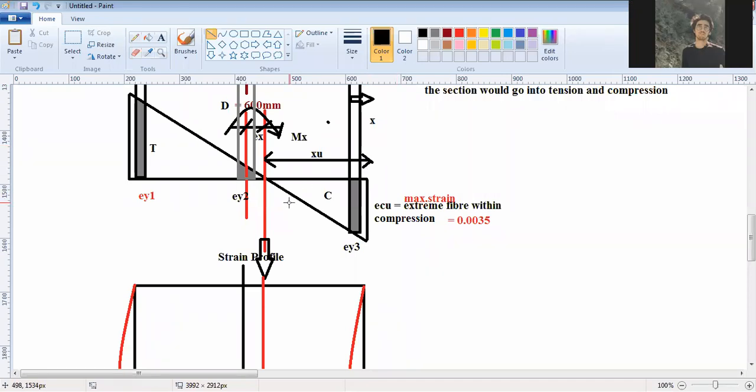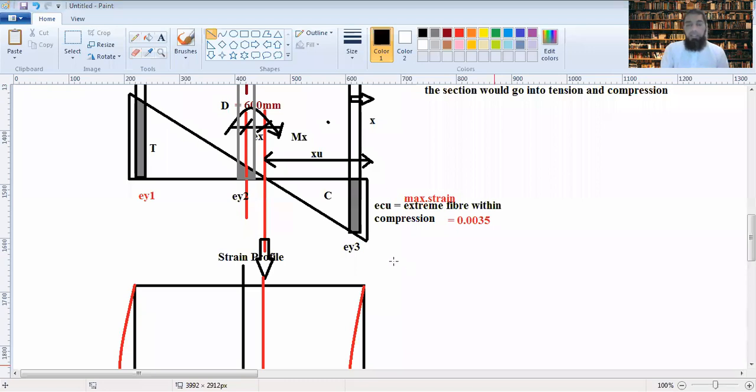Now this is the depth of the neutral axis, and the lower portion of this, if you treat it as a beam, would then be under the tension. It's like a beam with EY3 here being under compression, and EY2 and EY1 steel bars being under tension. Now, like in a beam, we assume that there is no amount of tension taken by the concrete.